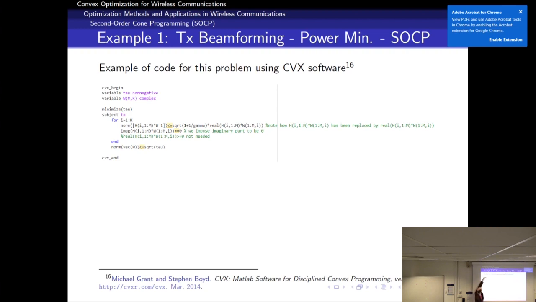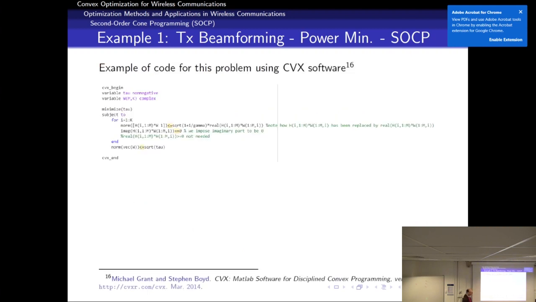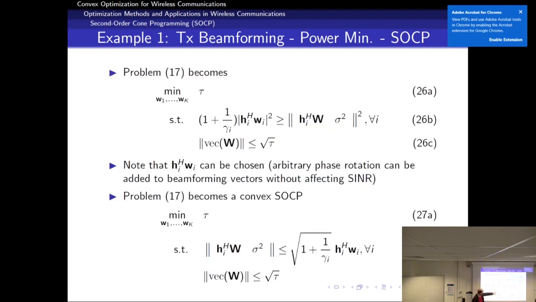And within those two lines, essentially, you write your optimization problem as it is here. Okay? So here's an example. I want to minimize tau subject to those two constraints. So how you can do that, and you will play with this quite a bit in the classes with Yang and Hongyu. But here I declare two variables, tau, that is non-negative, that I want to essentially minimize, which is my objective function here.